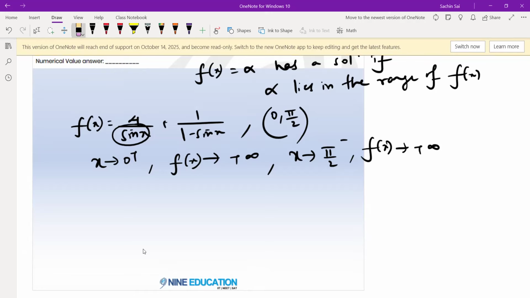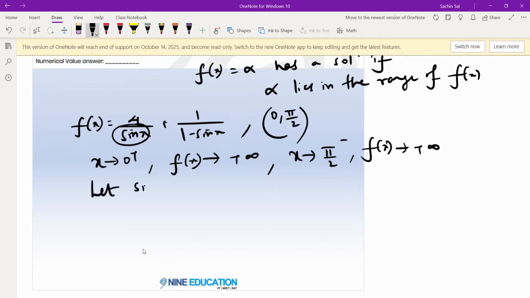Now let's see if we can do that using the derivatives, right? So if I take the derivatives, right? So we can do one more thing here. We can substitute sin x as t, right?